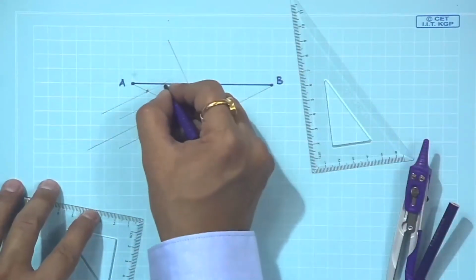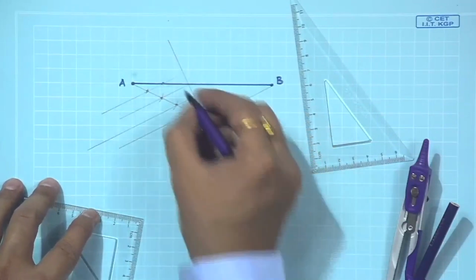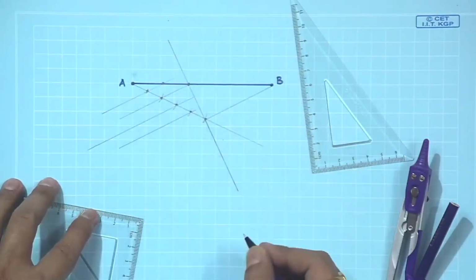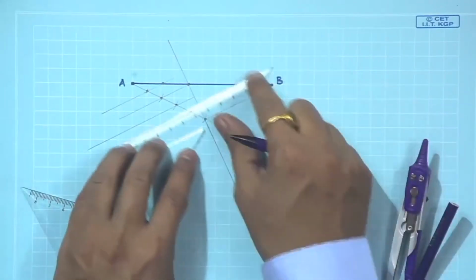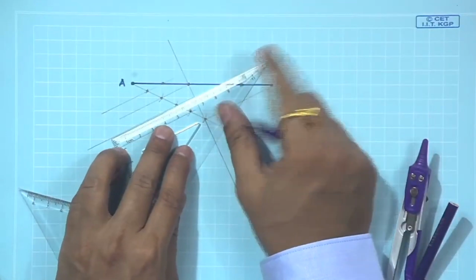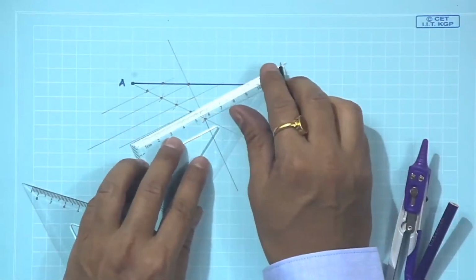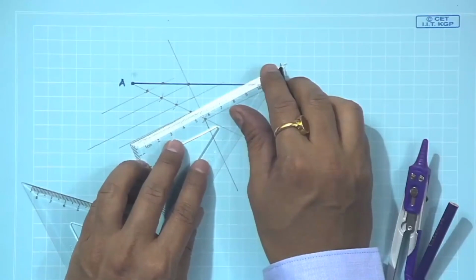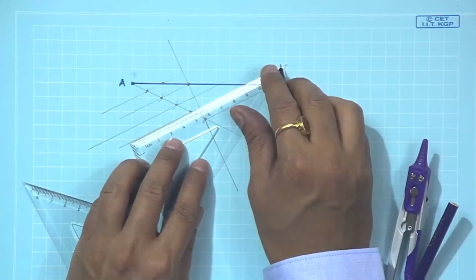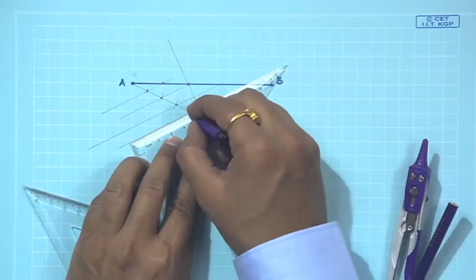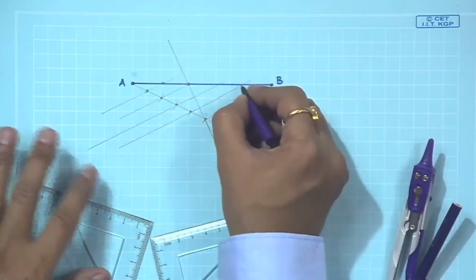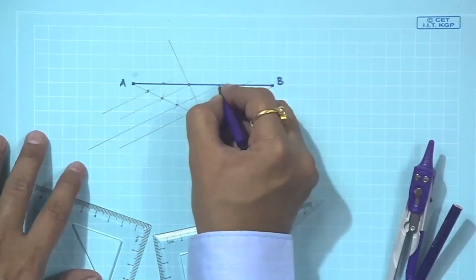So, the first one, it is intersecting there, the second one is going to intersect there. Now, just extend these lines. So, mark these points.